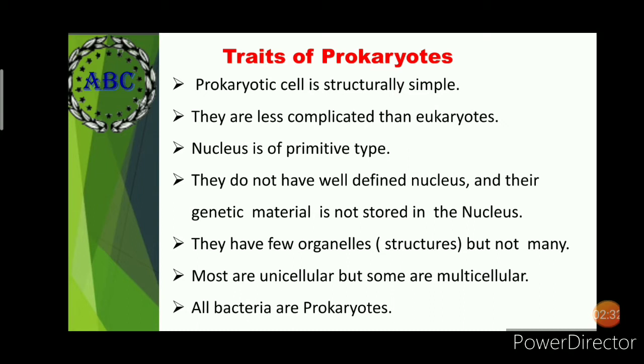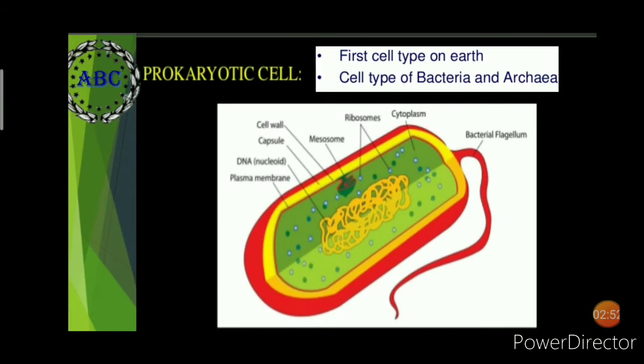They have few cell organelles only, not many like eukaryotes. Most prokaryotes are unicellular organisms and only some are multicellular. All bacteria are prokaryotes.